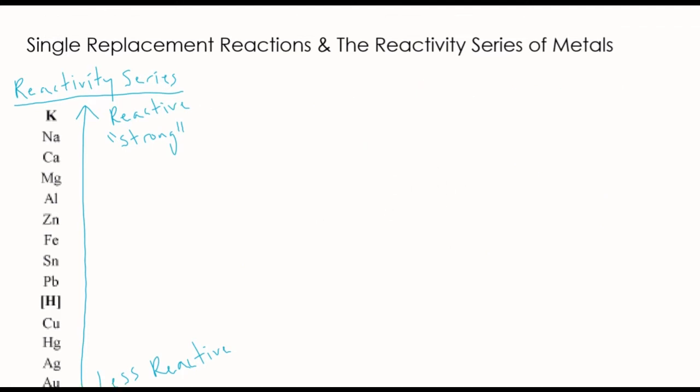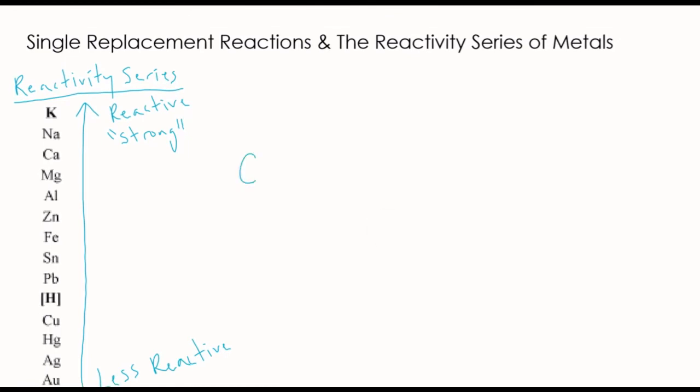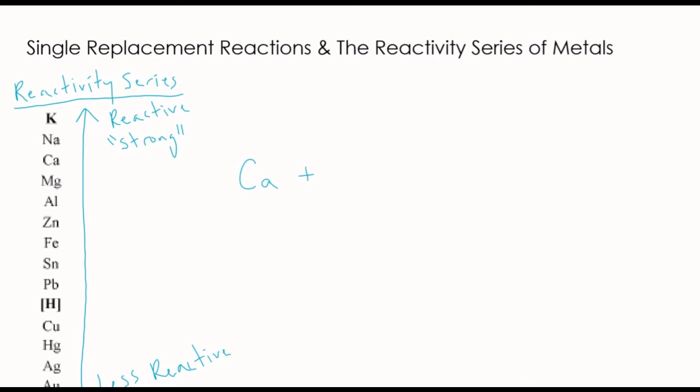So let's look at some examples of these single replacement reactions and how they work. Okay, so let's say we have calcium, Ca, and it is reacting with some aluminum oxide. Okay, so the question we're asking is, will this reaction happen? So we know it's single replacement because calcium's by itself. Whatever is alone, I like to think about it like this. He's alone, he wants a friend, he's going to attack.